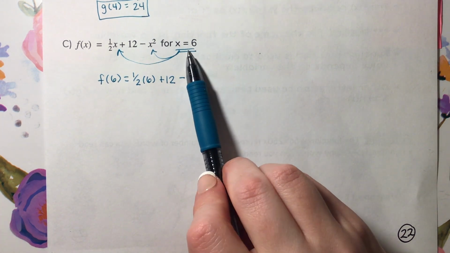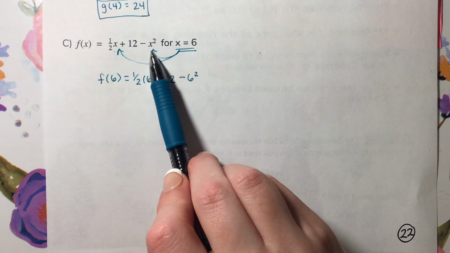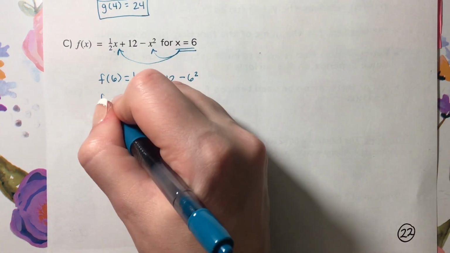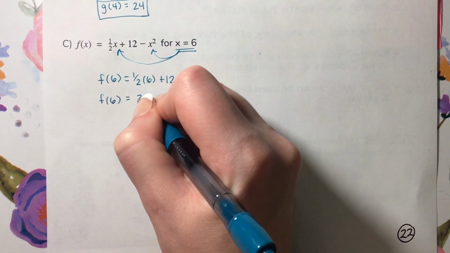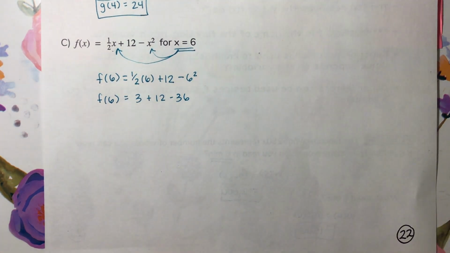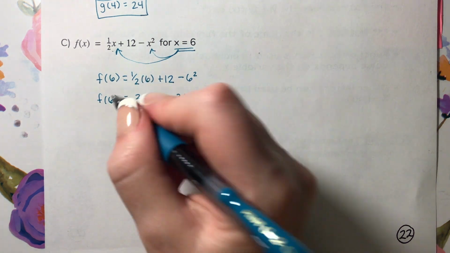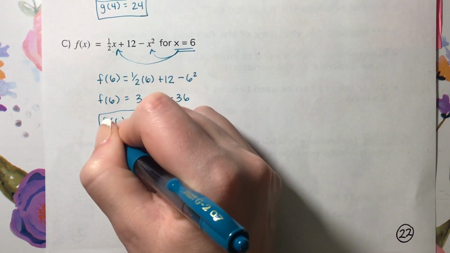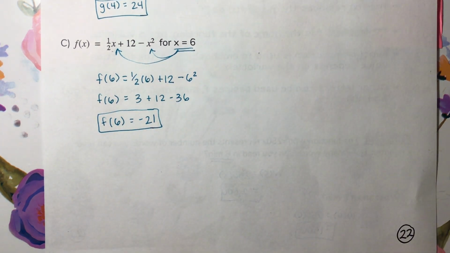All I did was take x equals 6 and stick it in for every spot there was an x. So now f of 6 is equal to 3 plus 12 minus 36, and that gets me negative 21. And there you have it.